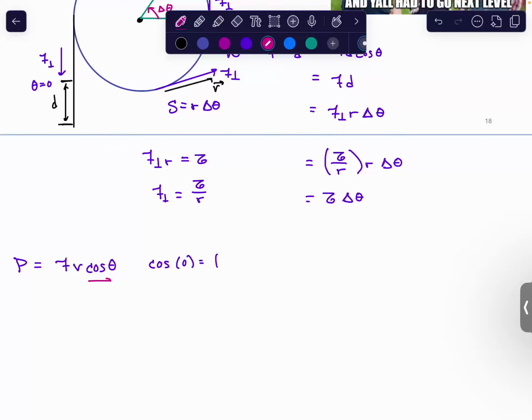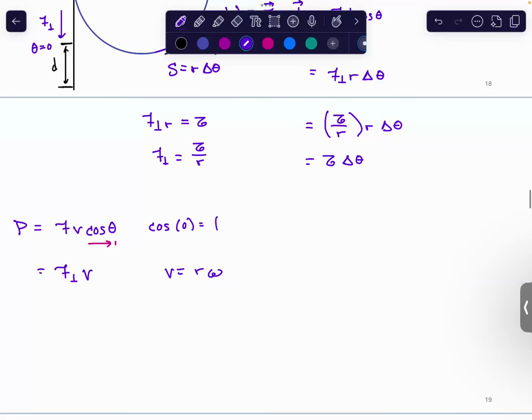So this cosine reduces to 1. That's going to leave us the perpendicular force times the linear velocity. We remember that linear velocity is radius times the angular speed omega, and that our perpendicular force is torque over r.